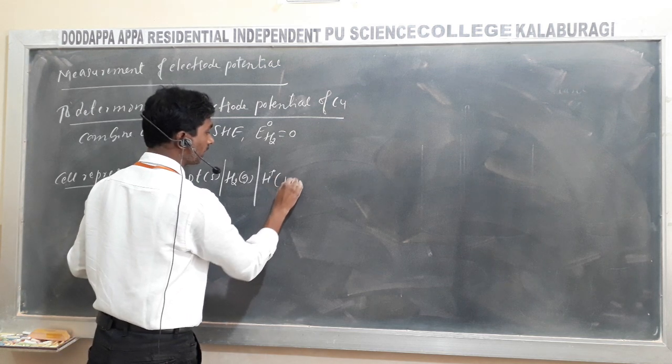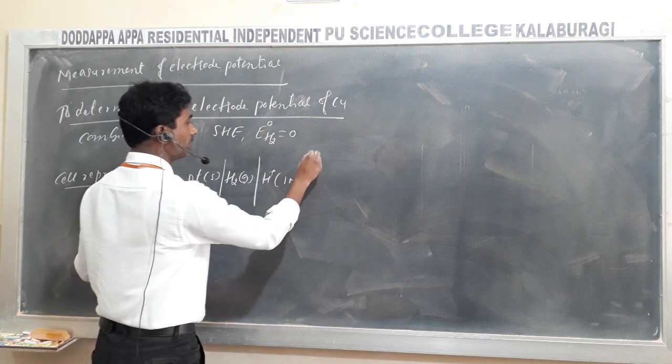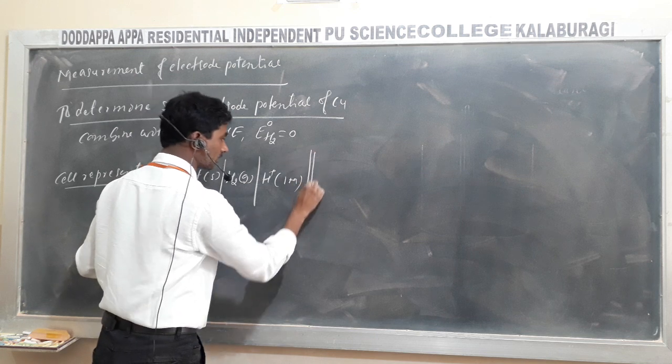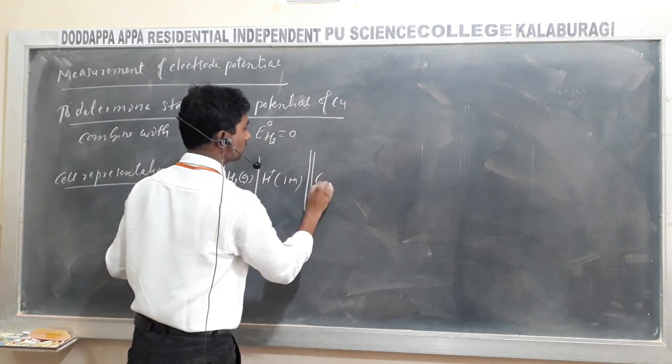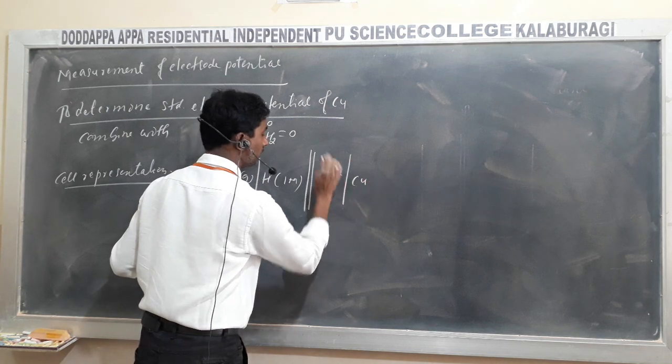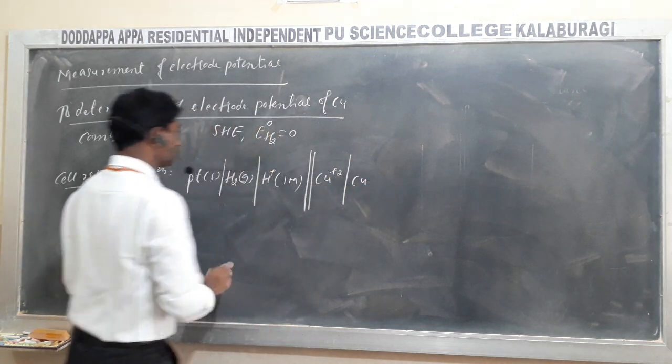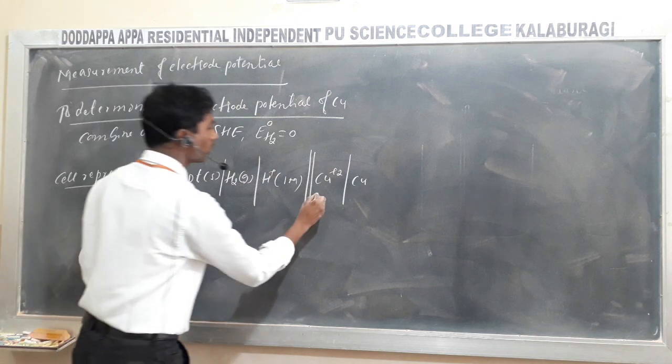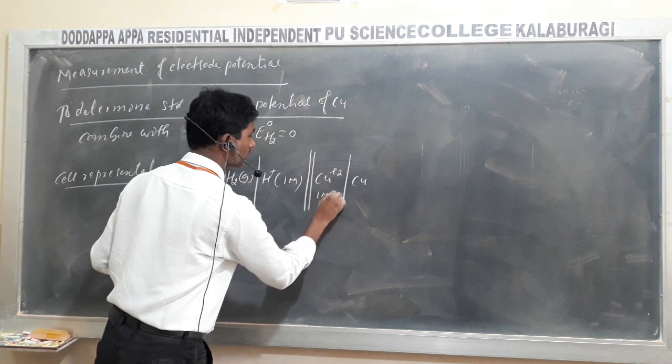These two electrodes are separated by a salt bridge. Now this is copper plus 2, and the copper is dipped in copper plus 2, which is also 1 molar concentration.